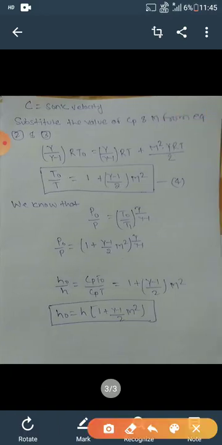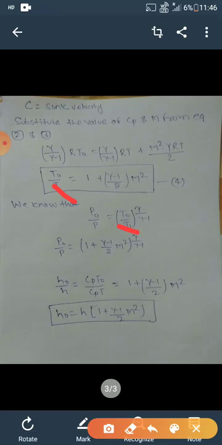You know that P naught by P equal to (T naught by T) to the power gamma by gamma minus 1. So you can put the value of this equation in here. You can write (1 plus gamma minus 1 by 2 M square) whole power gamma by gamma minus 1.